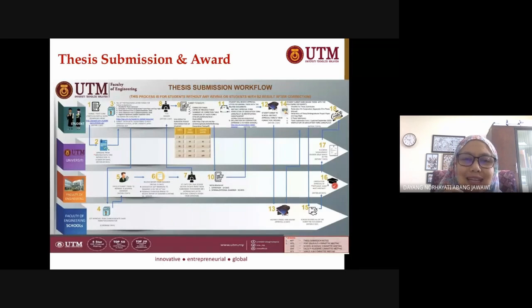They thought that if they submitted to school before 31st September, they had already fulfilled the requirement of thesis submission. But unfortunately, the deadline of 31st September is for the faculty to receive the thesis. So what happened was, the faculty rejected the thesis, meaning that the student missed the deadline and he or she needs to register this semester and submit the thesis. So beware of the process of thesis submission.